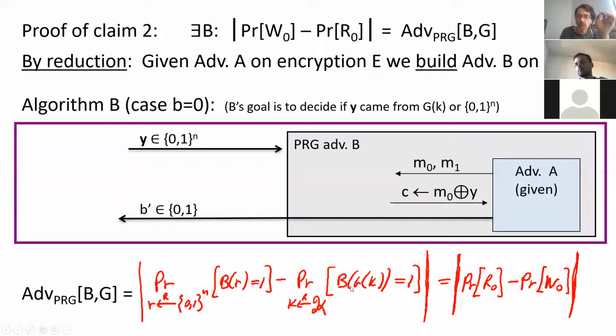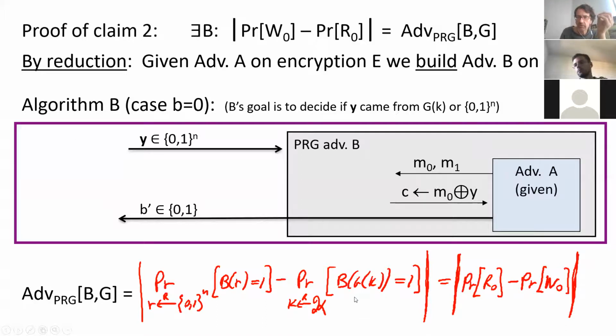In this case, how does B act when Y looks like G(K) for a random K? When does B output 1? Whenever A outputs 1. So B will act the way A acts on strings that look like M0 XOR what?